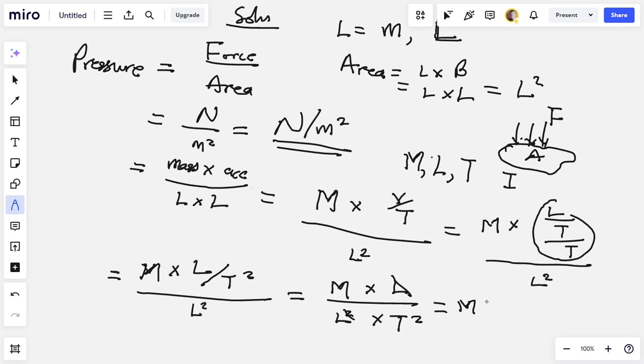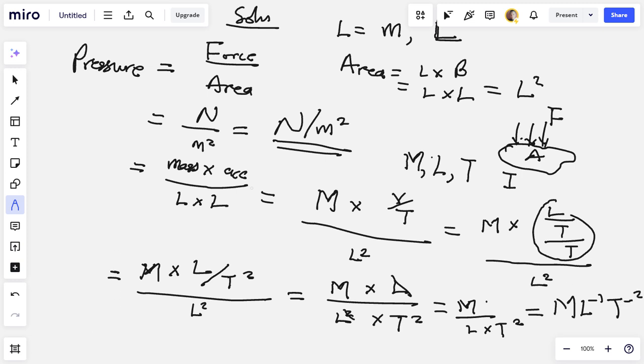M divided by L times t squared, which is the same thing as M, and if you bring L to the numerator, that will be L raised to the power of minus 1. And if you bring t squared to the numerator, that will be t raised to the power of minus 2.